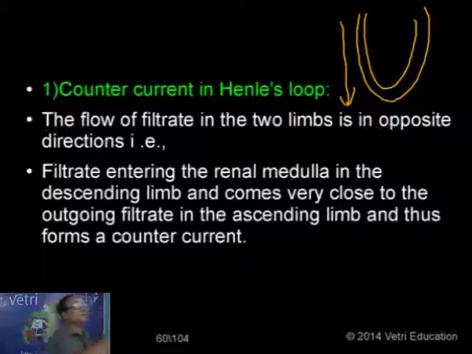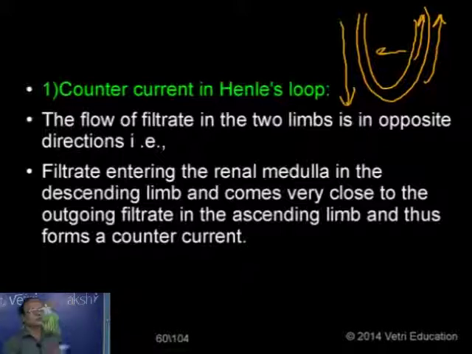The ascending limb is in close proximity with the descending limb, and the filtrate is going up. So in the descending limb the fluid is coming down, in the ascending limb the fluid is going up. That forms a counter current mechanism. The fluid is moving in two different directions, one coming down, another going up.